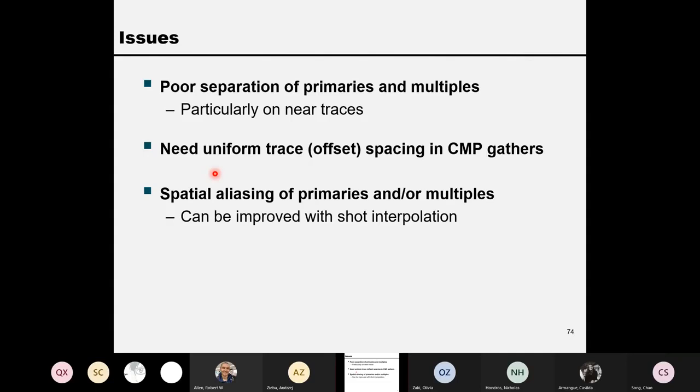For using the two-dimensional Fourier transform, F and K, frequency is easy, temporal frequency is easy, because you usually sample in time at a constant interval. But for the horizontal, the spatial axis, for marine data, seems okay because you have a streamer with a constant interval.